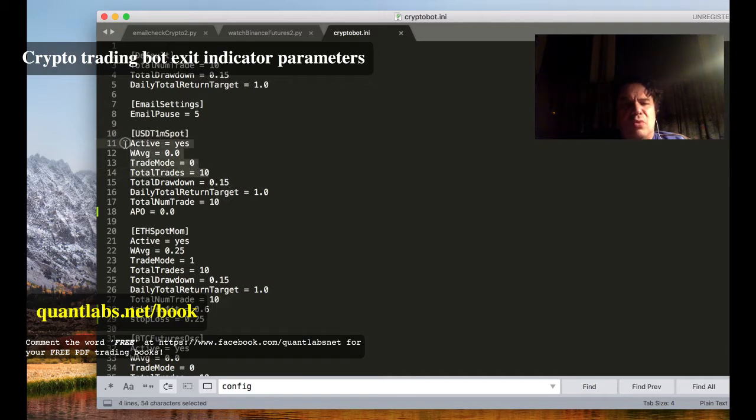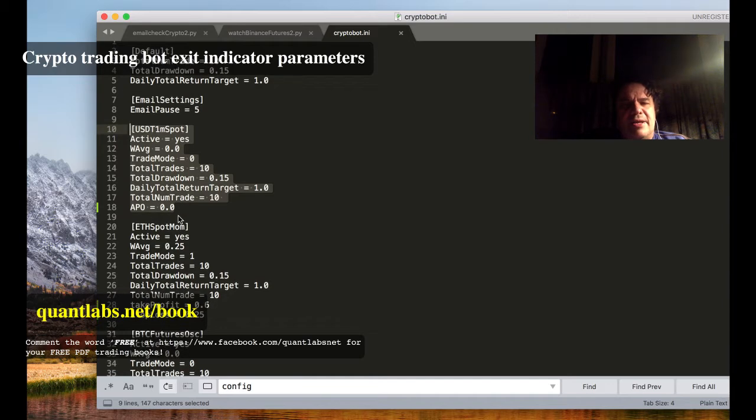I've talked about these four in this one, but the different one that is added is quite simply this one, the APO, that's used as a similar exit check. But this one will hopefully be matured enough, or I'll add another set of parameters to it to make it more consistently profitable. But right now it's just crazy negative all the time. So you gotta be very careful with this one.